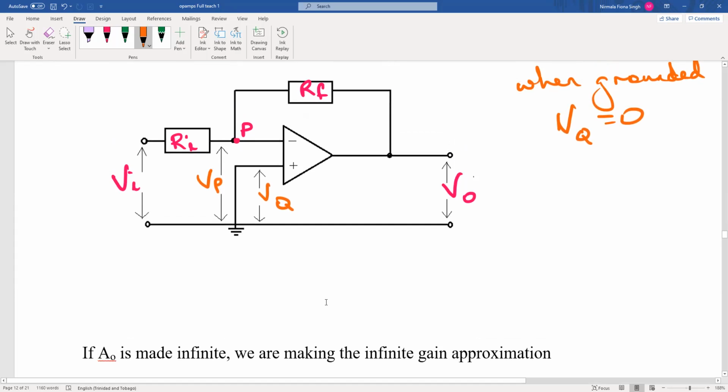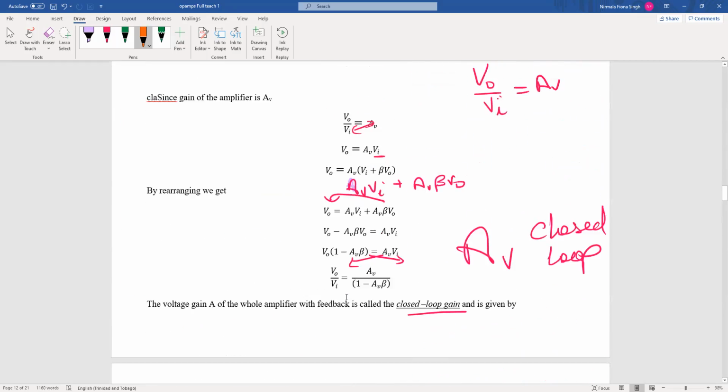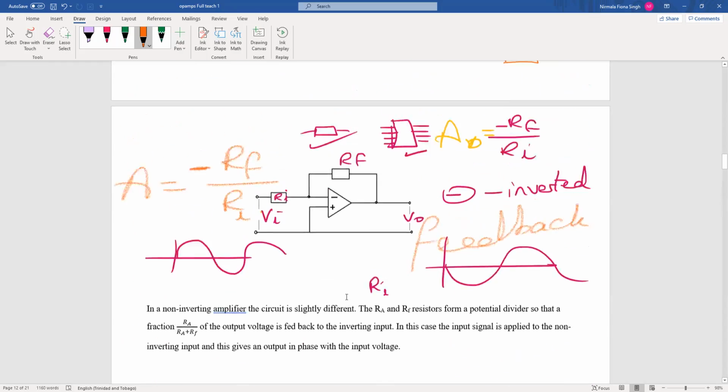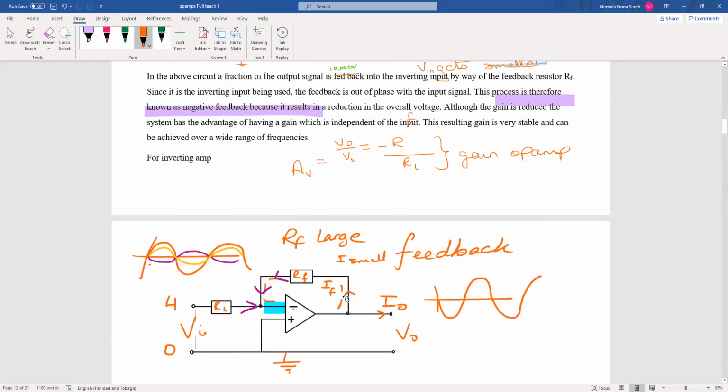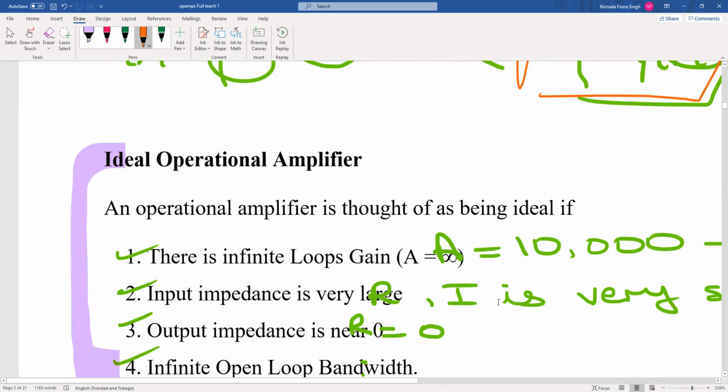If A naught, here being your open loop gain, is made infinite, and if we go back up to the characteristics of an amplifier, the first thing we see is that an operational amplifier is assumed to be ideal if the gain is infinite.